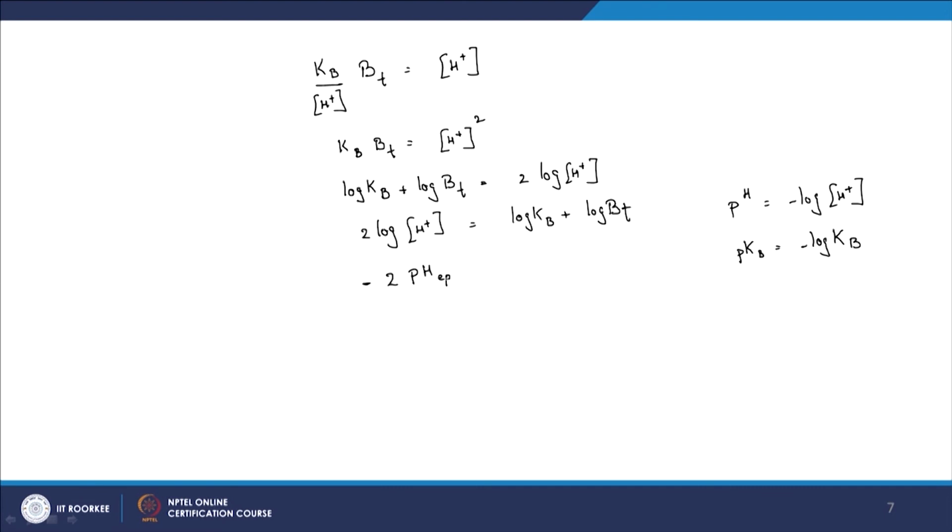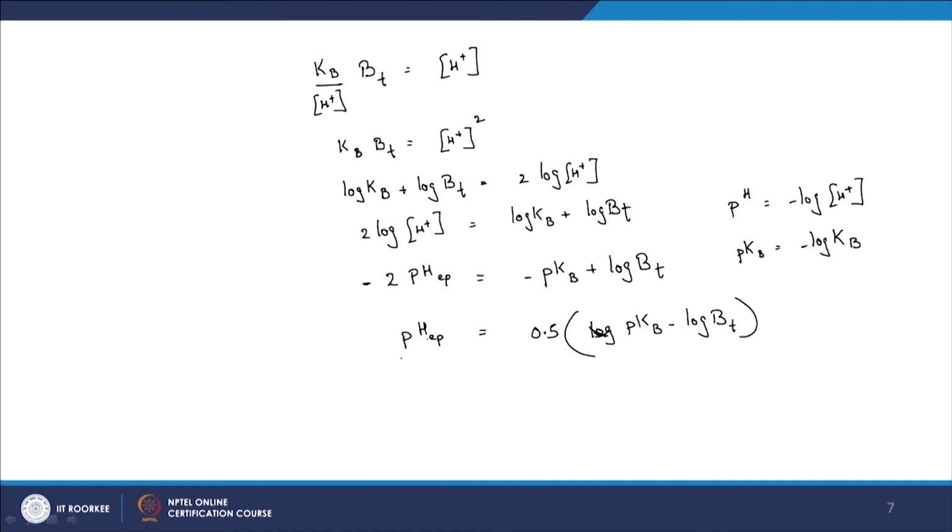This is the equivalence point, so I will say EP is equal to minus pKb plus log Bt, and so the pH at the equivalence point is going to be equal to 0.5 into pKb minus log B total, right.